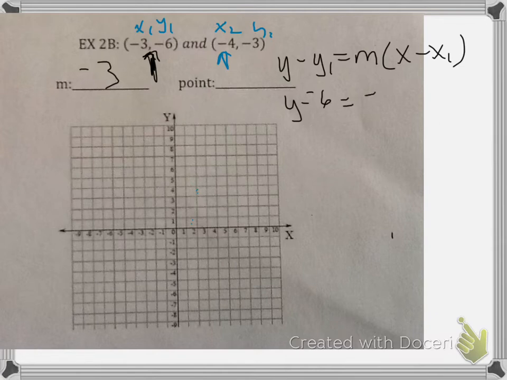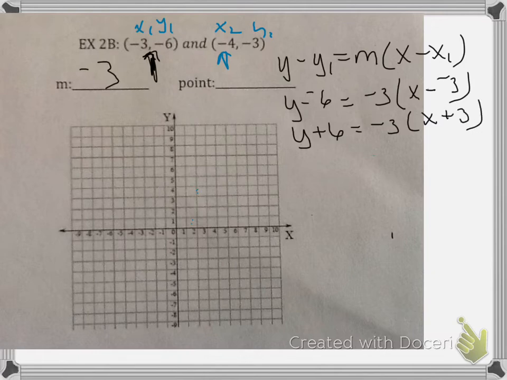My slope is -3. My x, on the same one, we have to use this same black one, is going to be a -3. So when I clean this up, it should be y plus 6, remember it's plus because of 2 negatives, equals -3, and then x, and again I have 2 negatives, which makes it +3. So there's my point-slope formula if I use that first point.